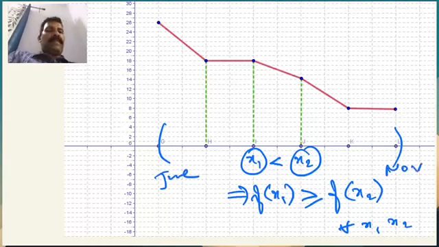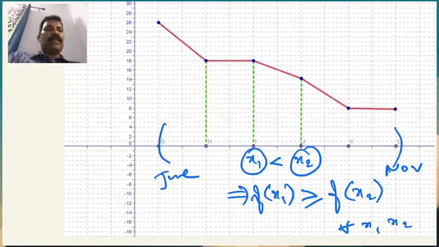That is, whenever x1 is less than x2, f of x1 is greater than or equal to f of x2, meaning the performance in a particular month is always better than in the succeeding month. It may be better, or at least at par with the performance.